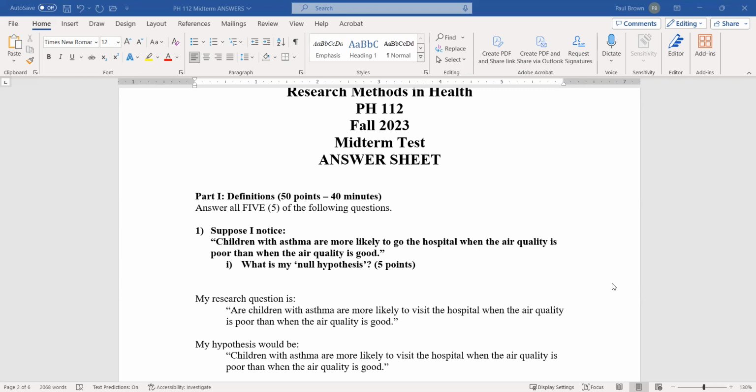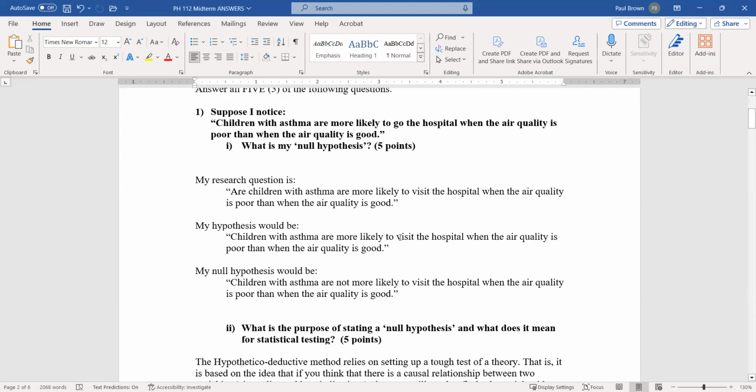Okay. So first one, children with asthma are more likely to go to the hospital when air quality is poor than when the air quality is good, right? So it asks basically what's your null hypothesis. So here's the research question.